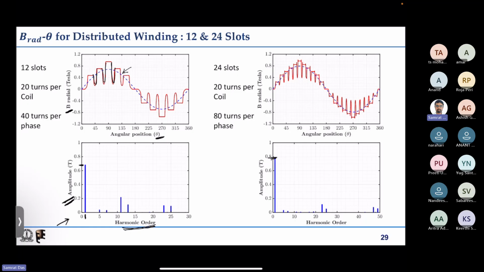It is possible to show that if we increase the number of slots in the concentrated winding, first it is difficult to wind that way, and then it does not give that much advantage in terms of harmonics in the space, that is B distribution harmonics. It does not give that much benefit by increasing the number of slots.